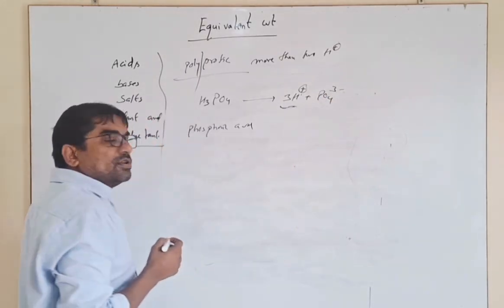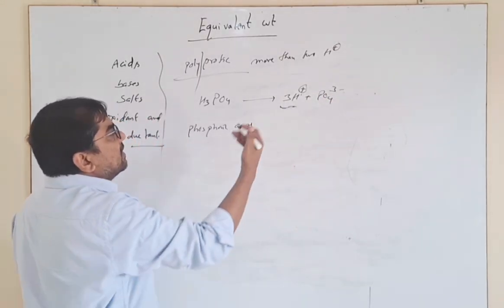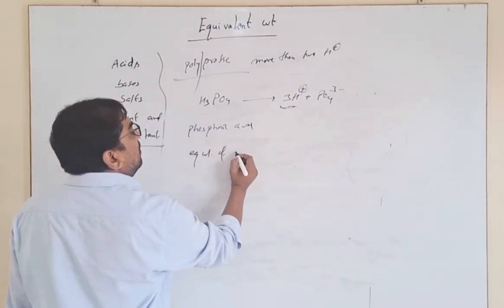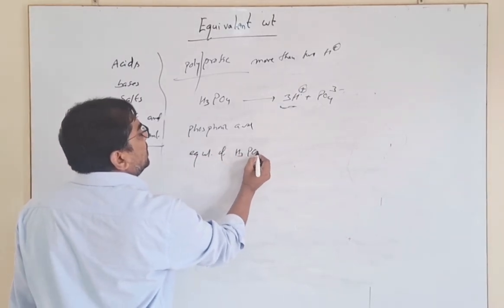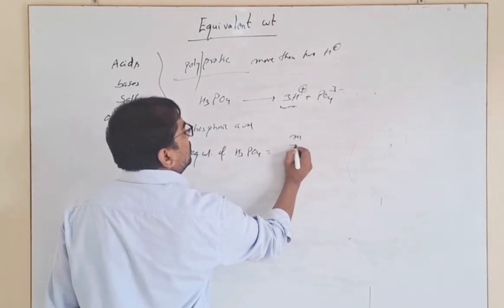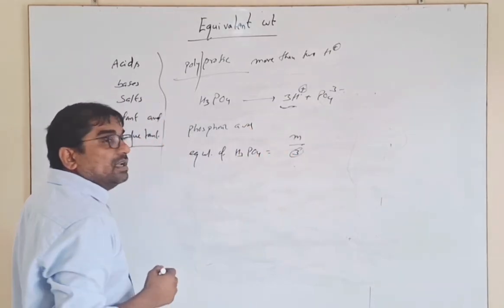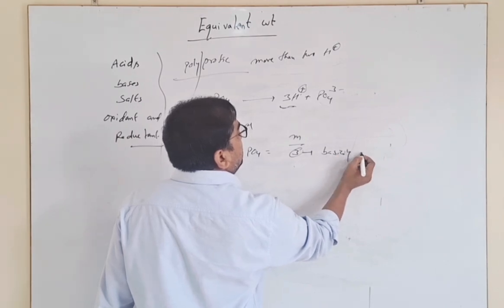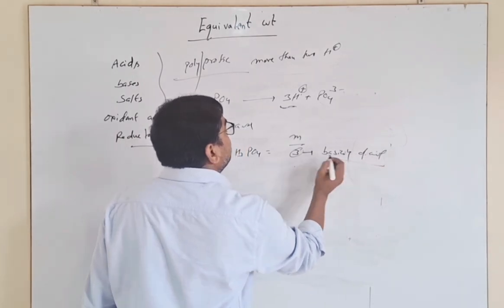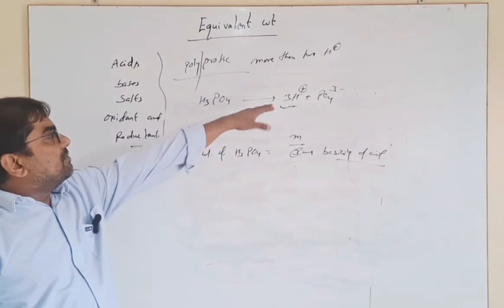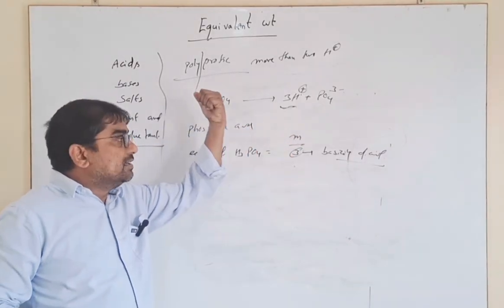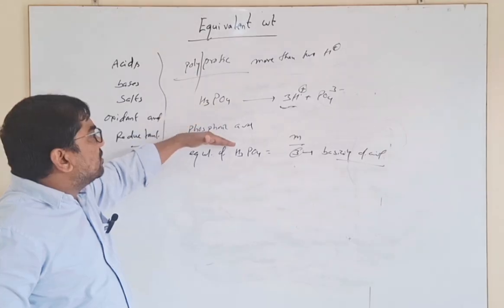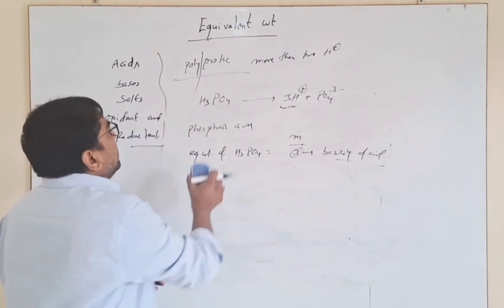Since here 3 protons, 3 hydrogen ions are released, the equivalent weight of H3PO4 will be its molecular weight divided by 3, because here 3 is the basicity of the acid. So, on the basis of the number of proton H plus ions released in the solution, the equivalent weight of acids can be found.